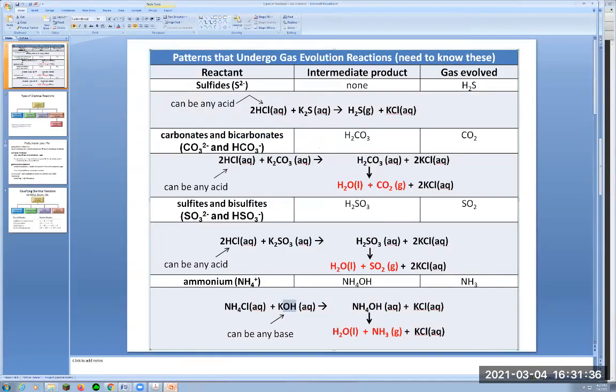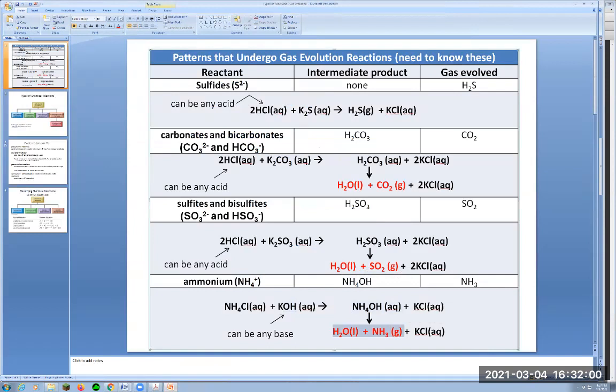If you add a base to a salt of ammonium, you will make the ammonium hydroxide, right? The ammonium is from the ammonium salt, and the hydroxide comes from the base. But this is unstable, and it dissociates or decomposes into the ammonia gas and water.